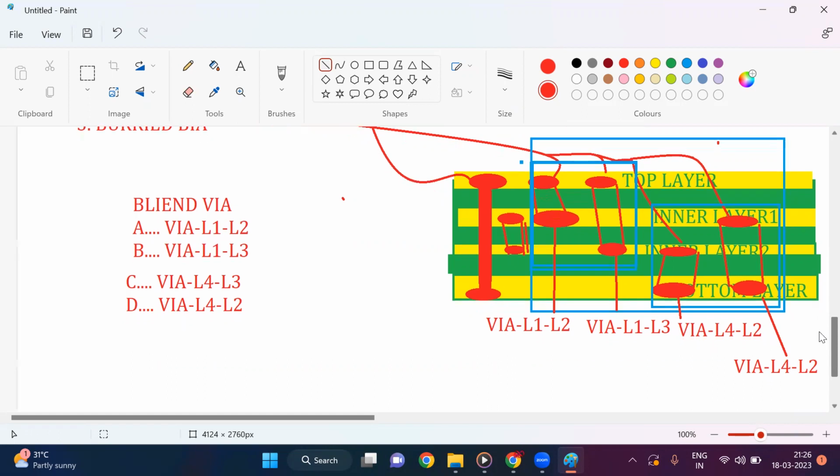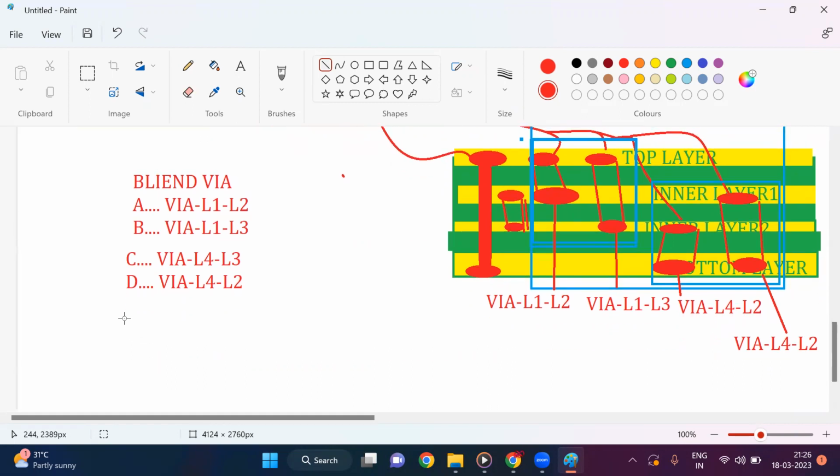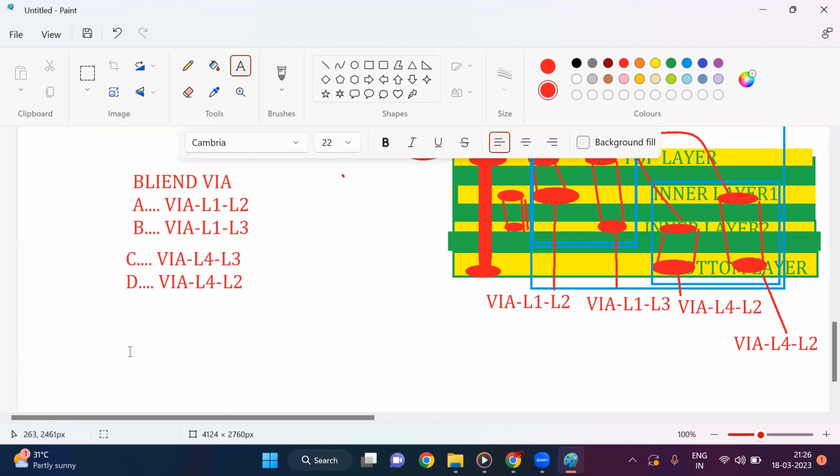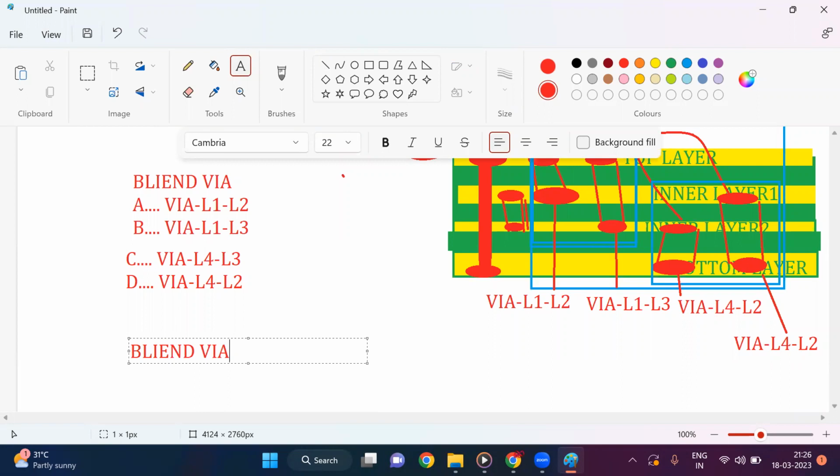Now coming to the blind via and buried via. In a 4-layer board we have only one type of via definition, first via, which connects only layer 2 to layer 3.